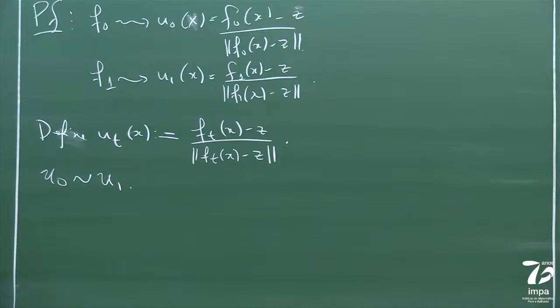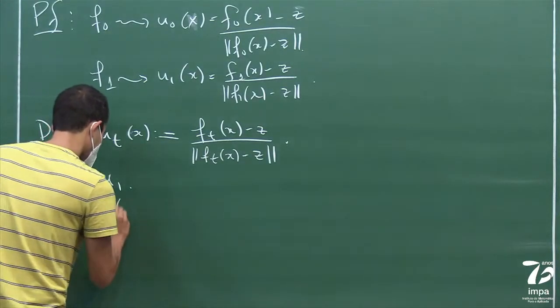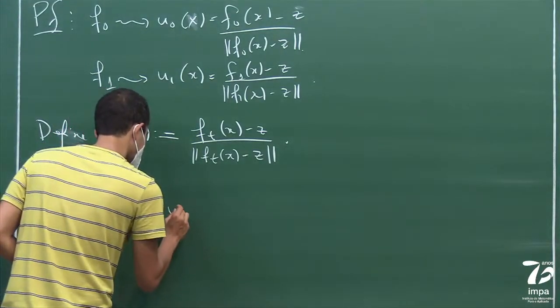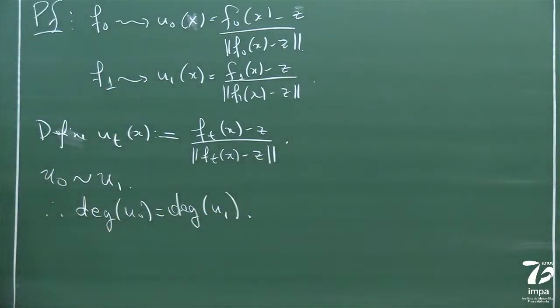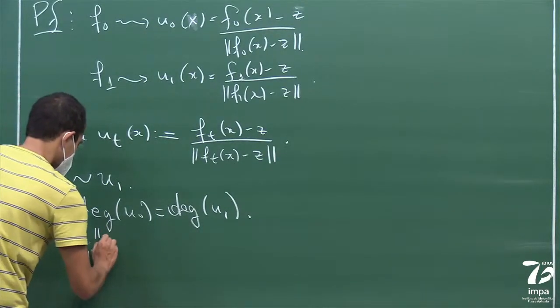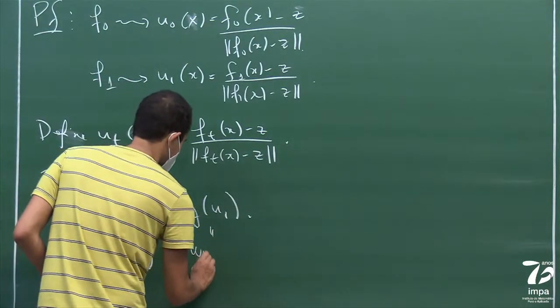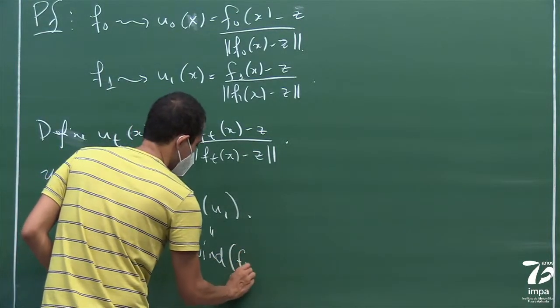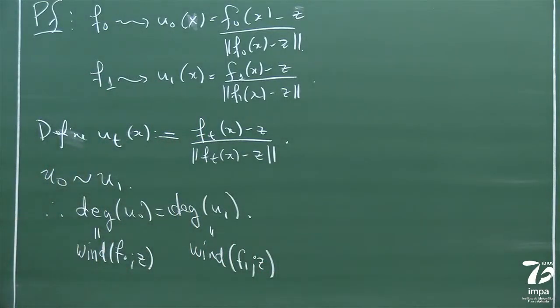We already proved last time that that implies that the degree of U0 is equal to the degree of U1. And then we're done, because this is the winding number of F0, z, and this is the winding number of F1, z. Okay?